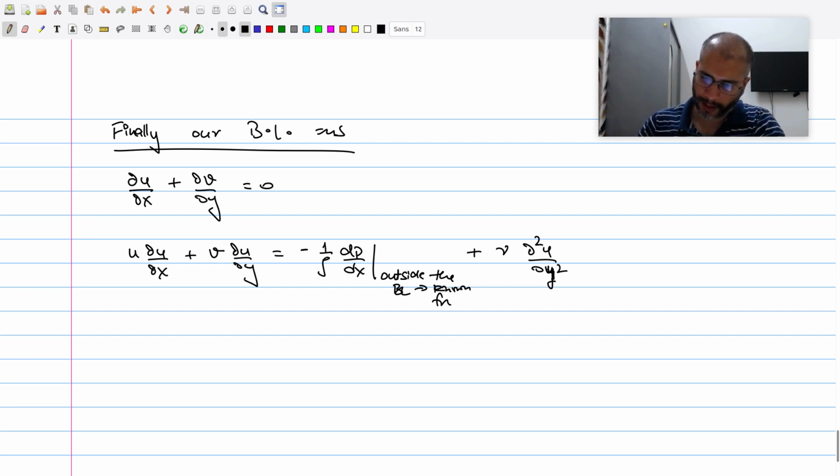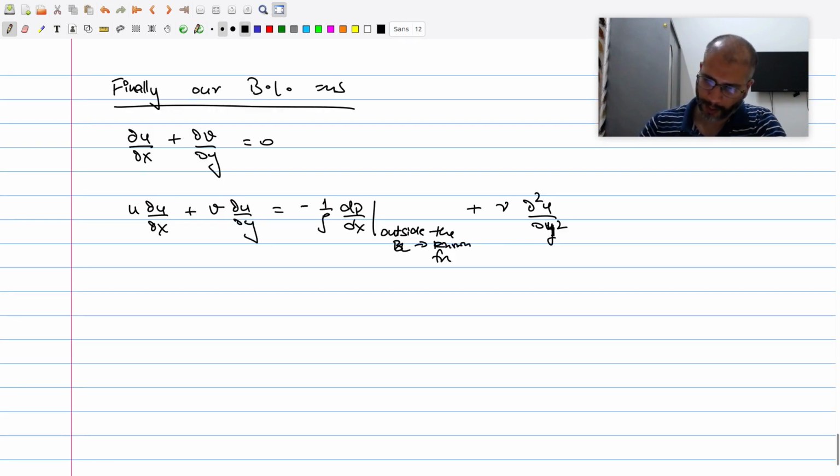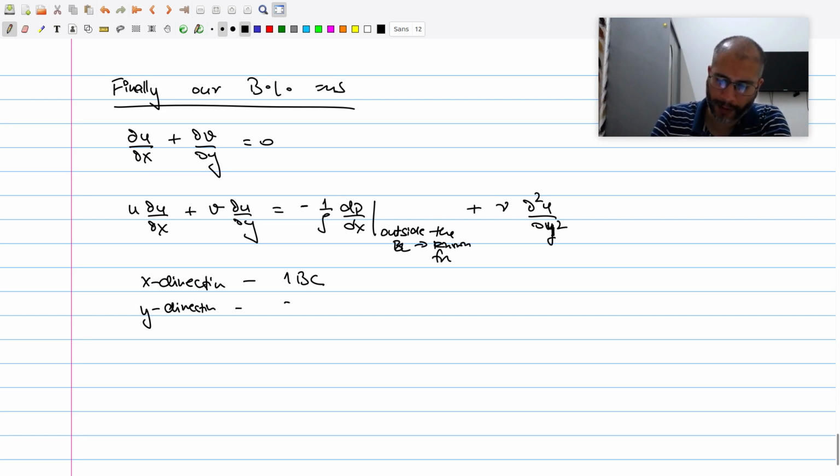So let us look at the x momentum equation, that is our second equation here, from a mathematical point of view. So we can see that for u we only have the first order derivative in the x direction. Right. So in the x direction we need only one boundary condition. Okay, and in the y direction we will need two boundary conditions because we have a second order derivative.